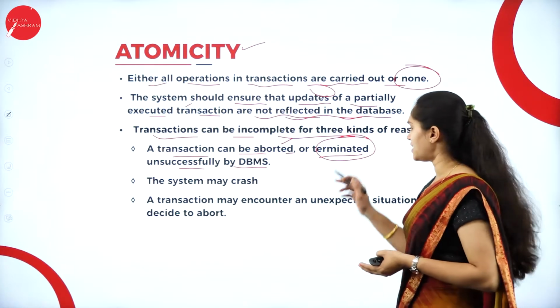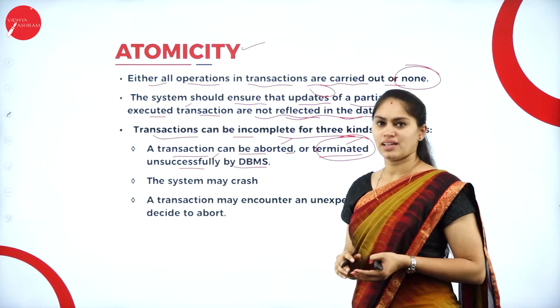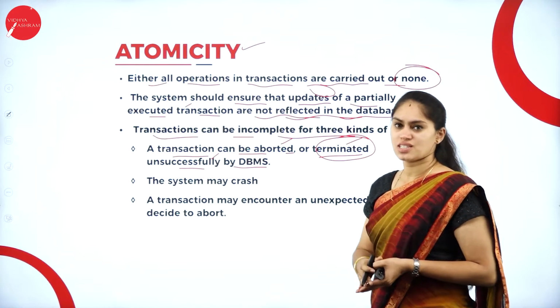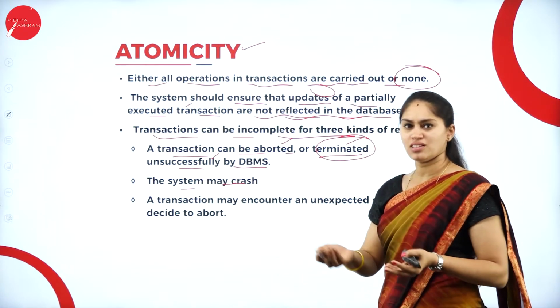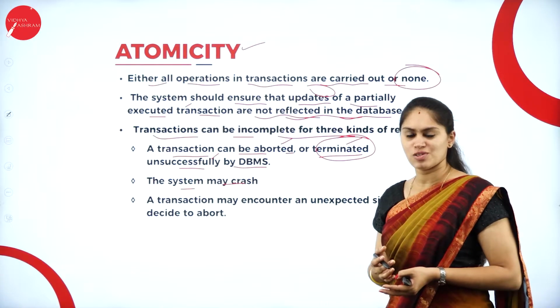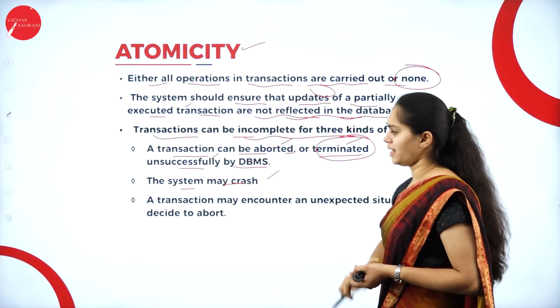Everything has gone wrong, at that time it will be terminated, or it is just an unsuccessful transaction done by the DBMS. And also the system may crash. So in between, if some hardware or software failure occurs, at that time there will be chances of having this incomplete transaction.